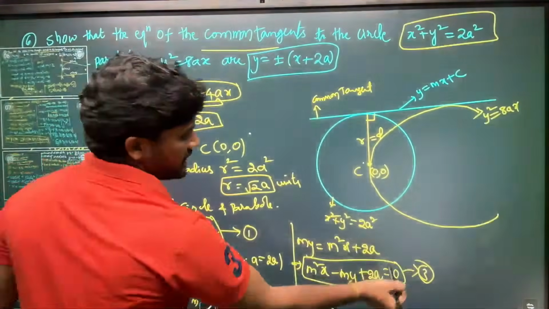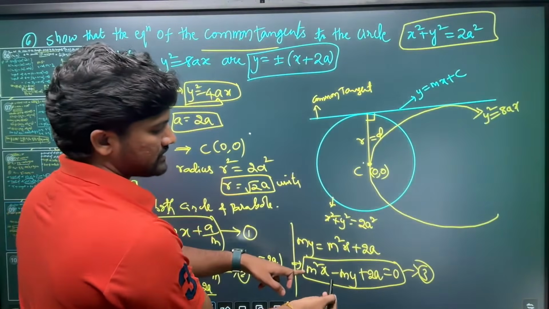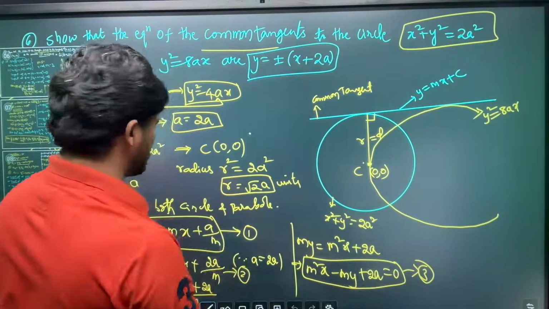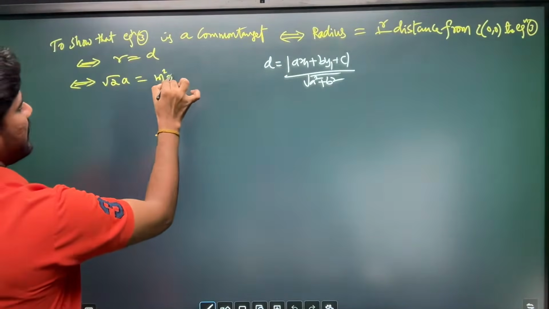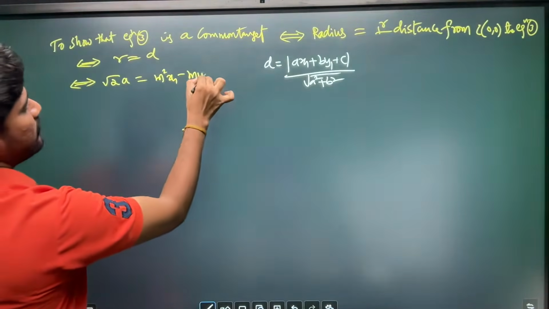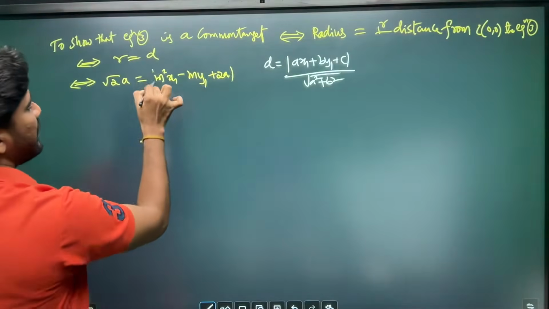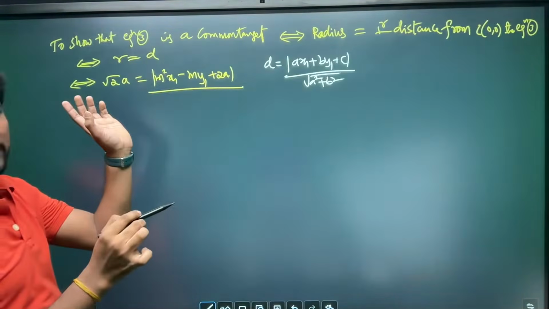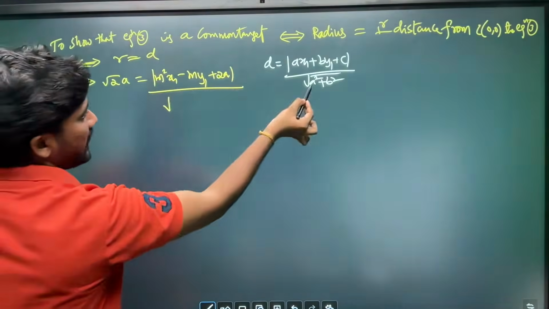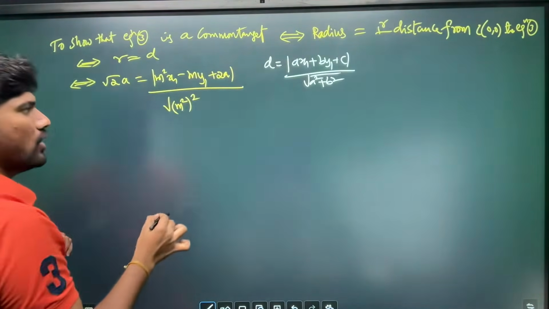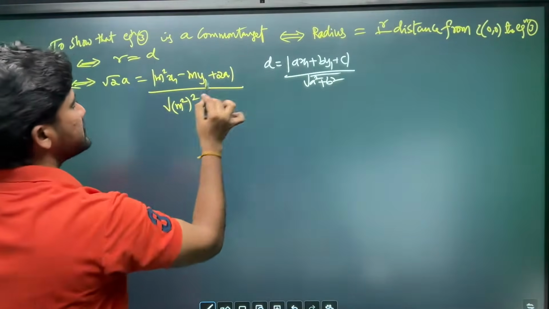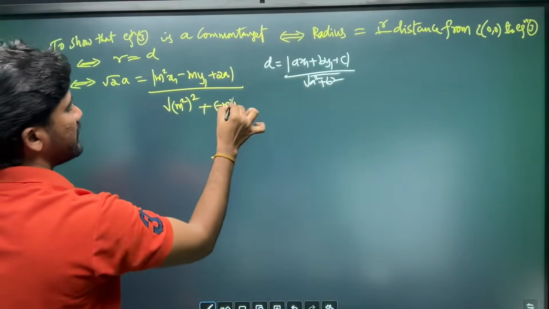Equation is equation number 3: m square x1 minus my1 plus 2a is equal to 0. This is our line, that is the common tangent. Now, equation number 3 by under root of a, which is nothing but x1 coefficient, that is m square whole square, plus b, which is nothing but y1 coefficient, that is minus 1 whole square.